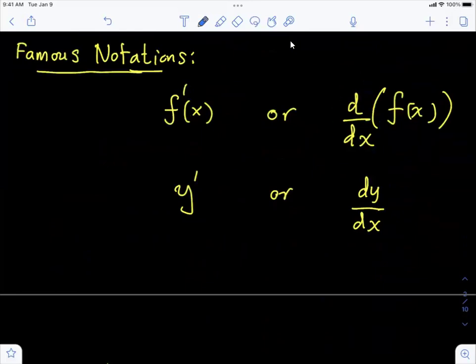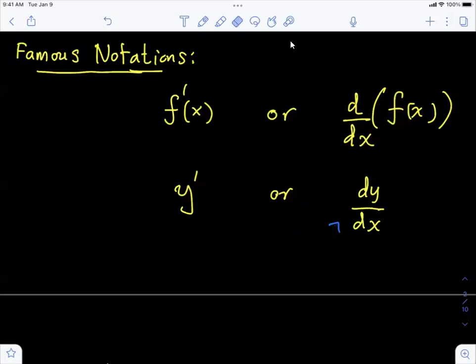Sometimes when you write a function like y equals something, you can write the derivative in terms of y prime when you know exactly what independent variable you're dealing with, or when you need to emphasize the independent variable, you're going to use the dy dx notation.